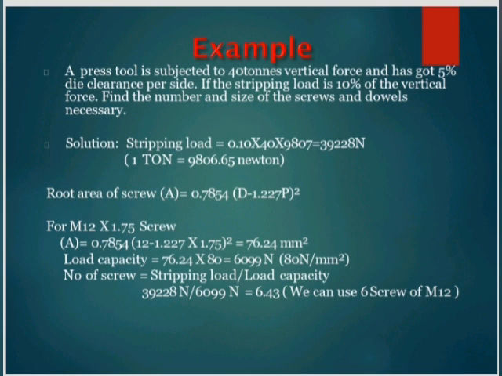So, root area is equal to 0.7854 into 12 minus 1.227 into 1.75 square, which is 76.24 millimeter square.